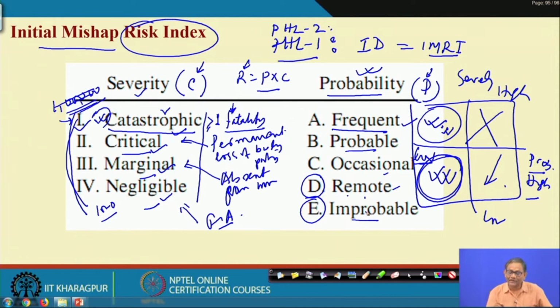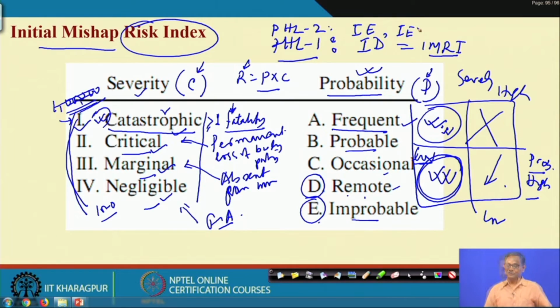Suppose the second one, the tank rupture, that also will be catastrophic, but its probability is again remote or improbable. Maybe when the torpedo is going through material handling, if there is a fracture or rupture in the torpedo, it may again lead to catastrophic, but it may be improbable.